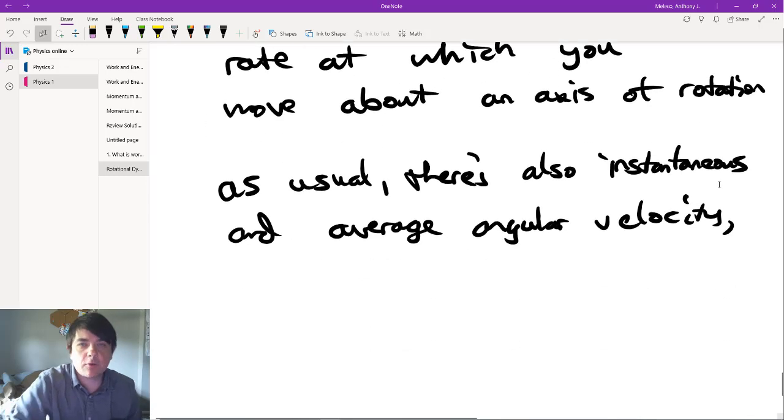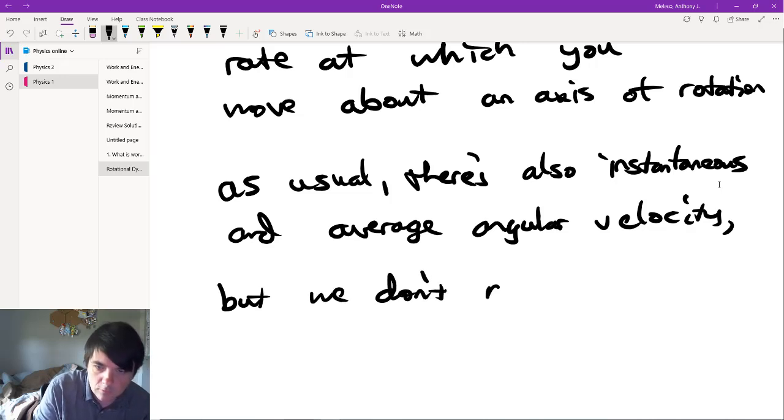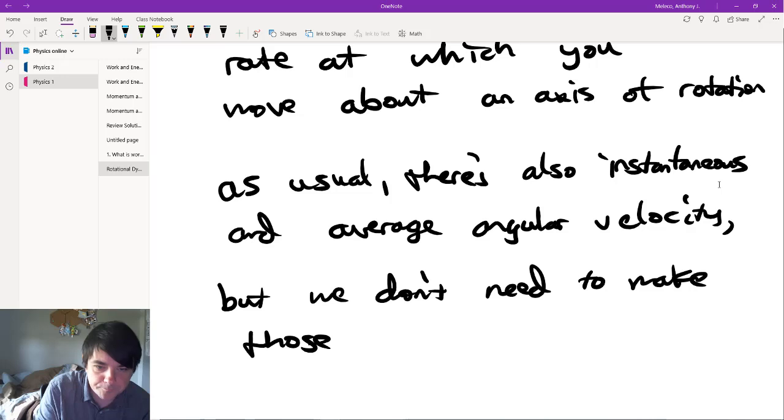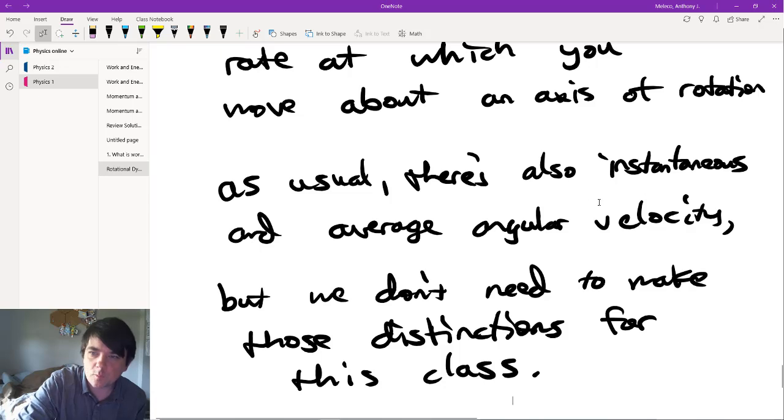You can rotate, pick up speed and slow down as you move around that circle. But we don't need to make those distinctions because we won't be solving those problems. But you can certainly do it. Just know that it exists.